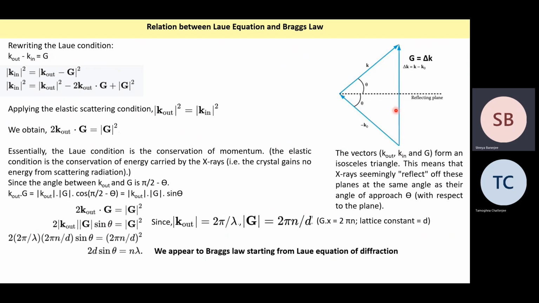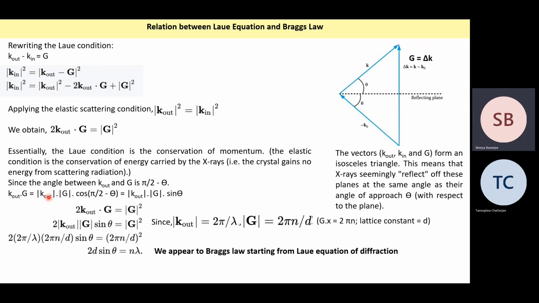So altogether, these three form an isosceles triangle in which, if you consider this normal that is bisecting the triangle, this is theta, this is 90. So this must be 90 minus theta. So the angle between the diffracted beam and G is 90 minus theta. If that is so, then you can rewrite this as K out into G is mod G squared divided by 2. You are bringing the 2 to this side.